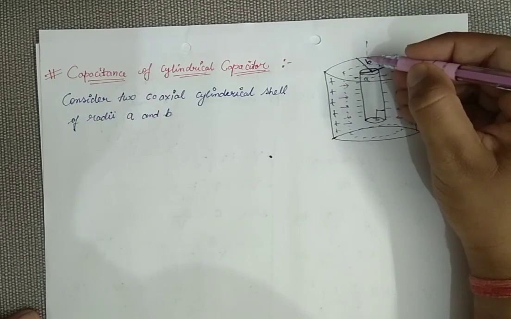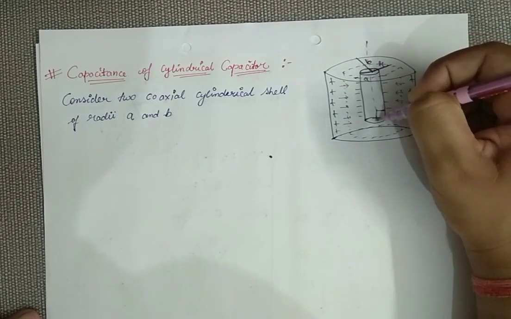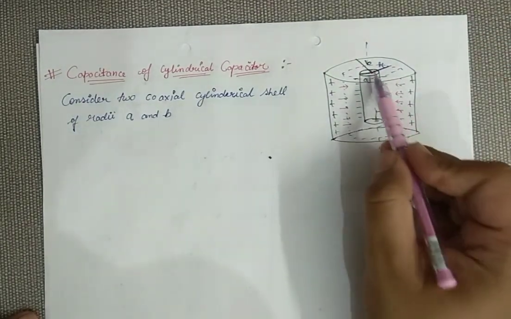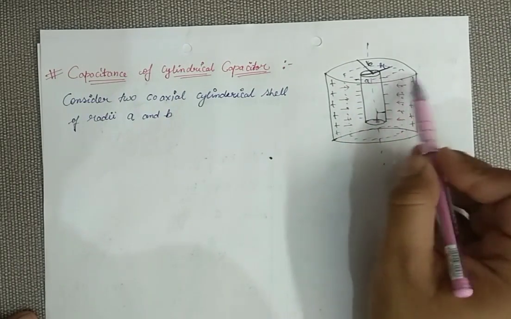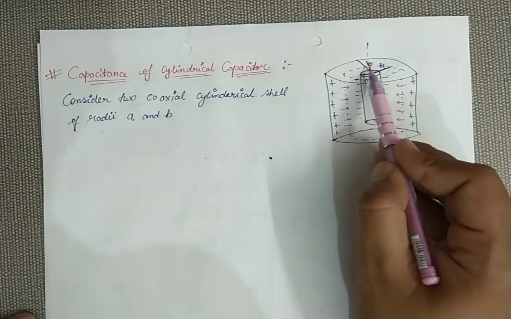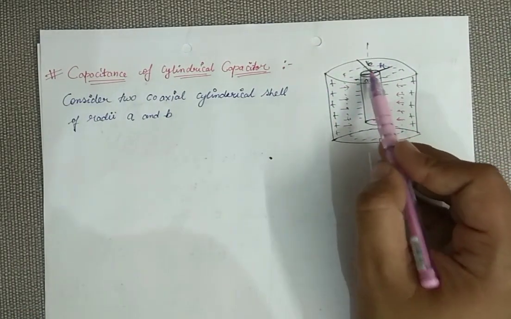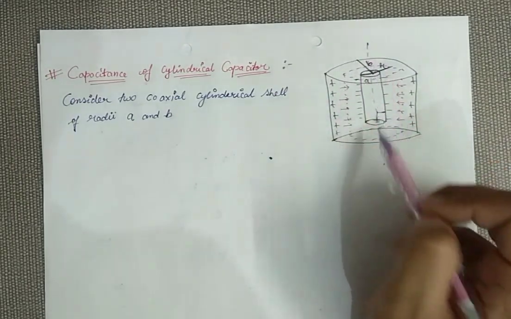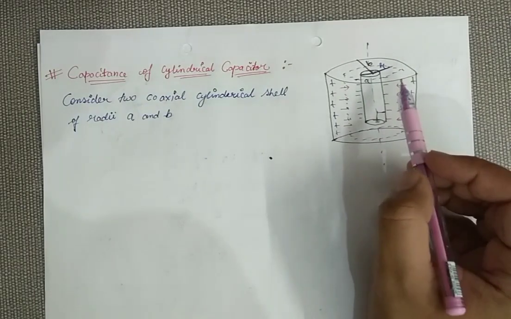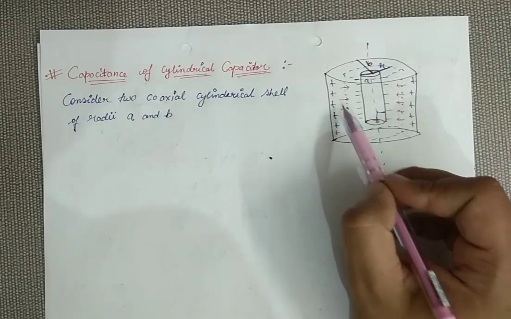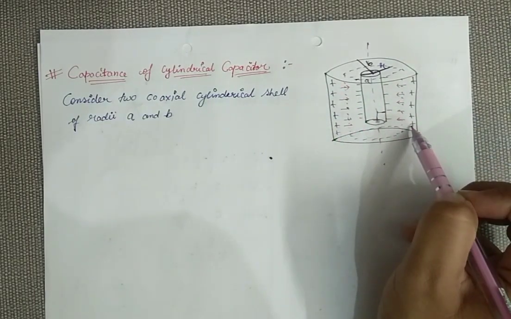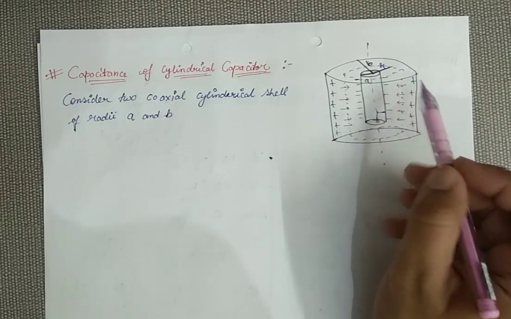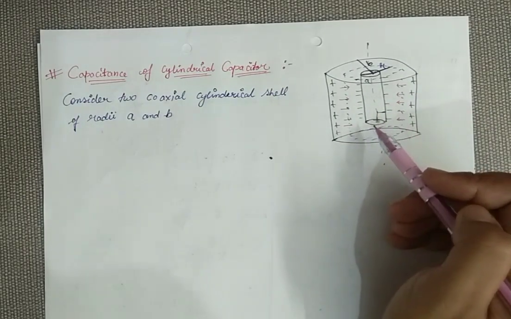This is the smaller cylinder of radius A and this one is your larger cylinder of radius B. The larger cylinder is given positive charge and the smaller one is of negative charge. So electric field is from positive to negative.